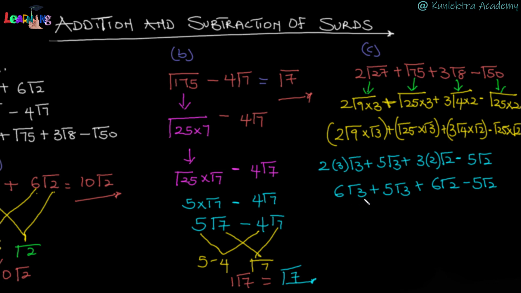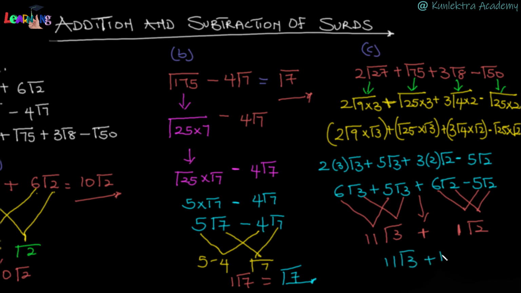Now this is root 3, this is root 3, they can be added. You have 6 plus 5, which is 11. Now bring one of the surds down, root 3. Now this is root 2, root 2. They are like surds. This is 6 minus 5, 1. You bring one of the surds down, that is root 2. Now finally, our answer here will be 11 root 3 plus root 2. That is our final answer for this.